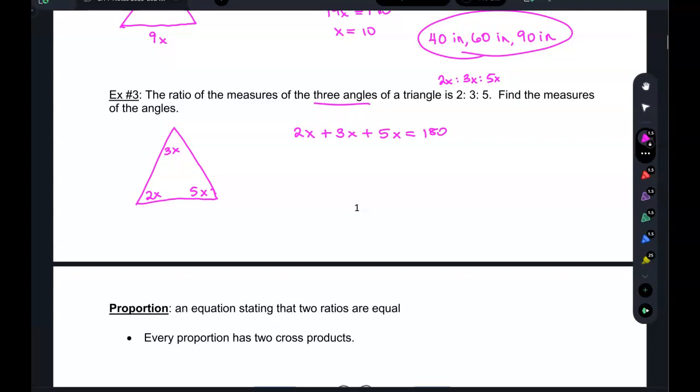So we add these all together, we get 10x equals 180. So x equals 18. What are the measures of the angles? So we have 36, we have 54, and we have 90.